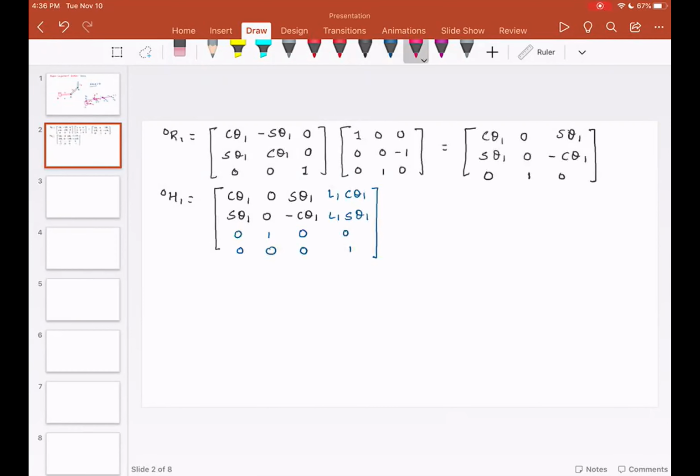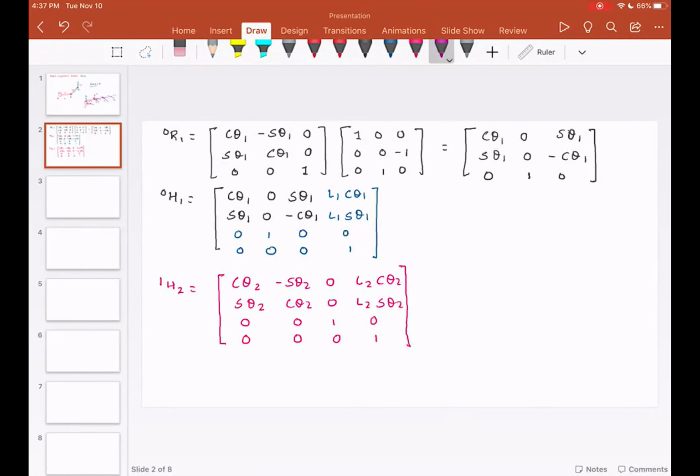Moving on, I will skip a step and give you 1H2. 1H2 is cosine theta 2, minus sine theta 2, 0, L2 cosine theta 2, sine theta 2, cosine theta 2, 0, L2 sine theta 2, 0, 0, 1, 0, 0, 0, 0, 1.